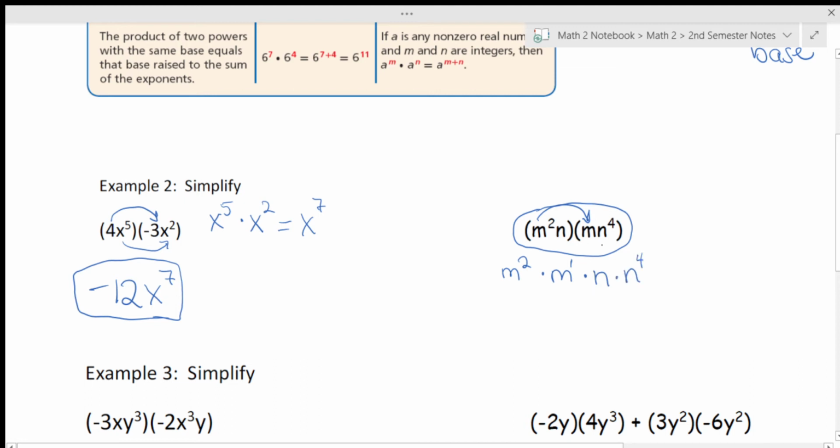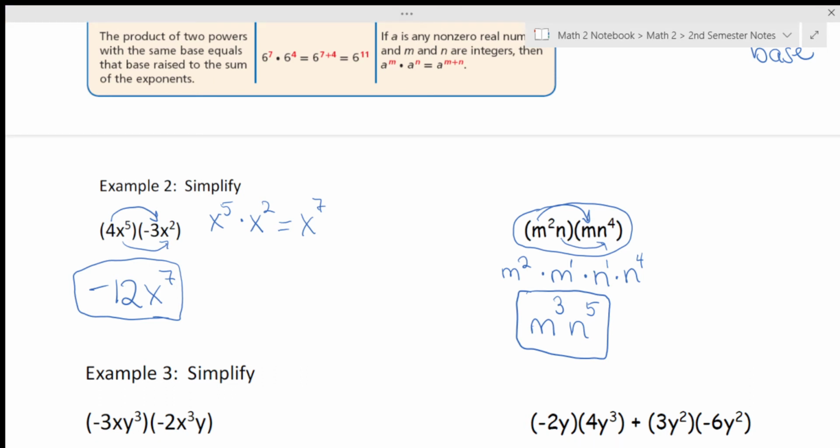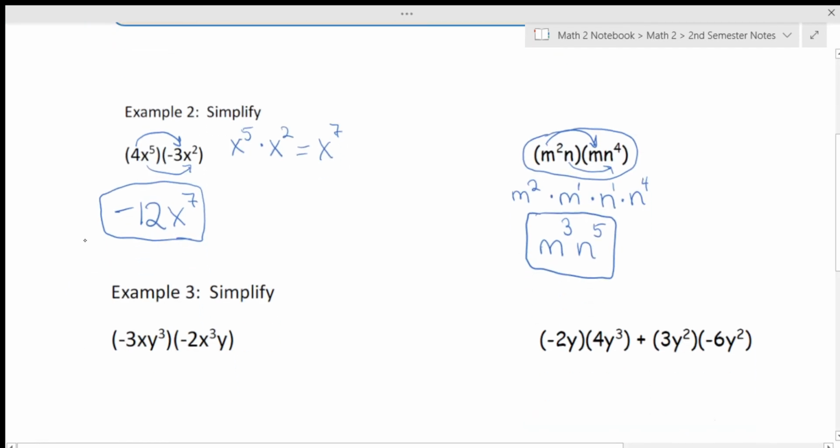We multiply our two m terms and our two n terms. We end up with m to the 3rd power when we add these exponents together, times n to the 5th power, because again, that n would have a 1 on it. As long as we have no negative exponents and no fractions to reduce, we are simplified. So product of powers, we add our powers together.